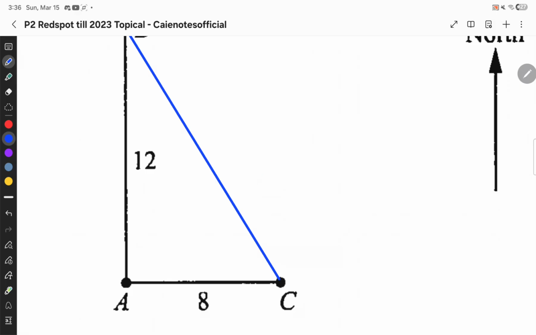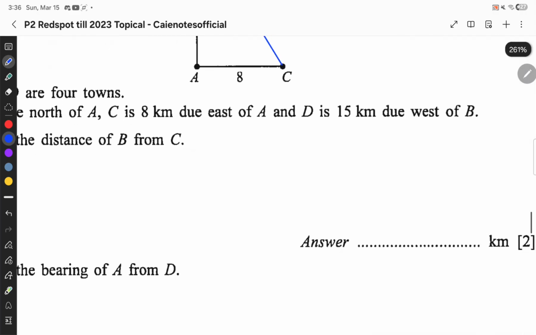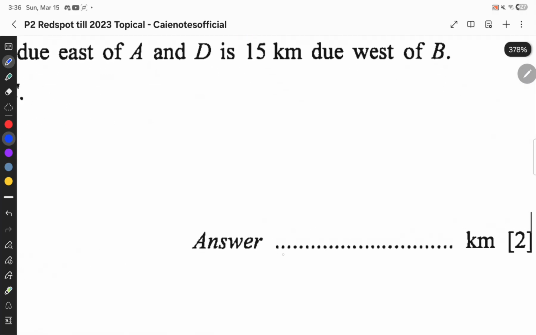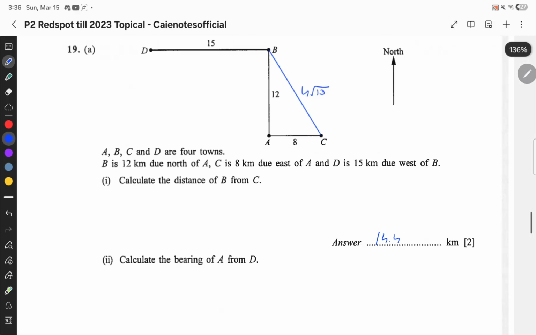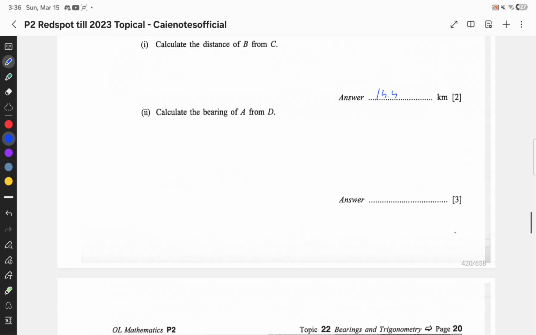Okay, in the calculator, during the short break, I calculated the length. It is square root of 208, which we do not want as the response. We can give it in decimal, so this is 14.4 kilometers, to 3 significant figures.